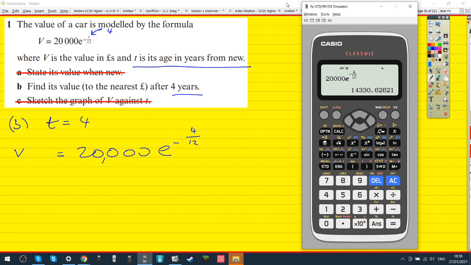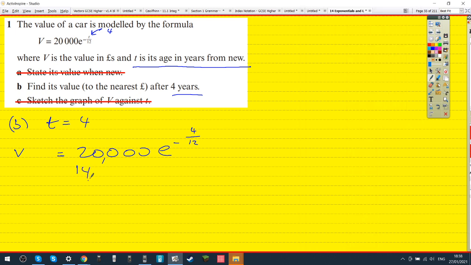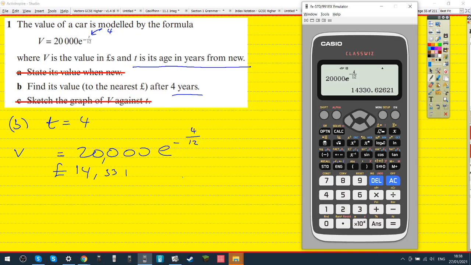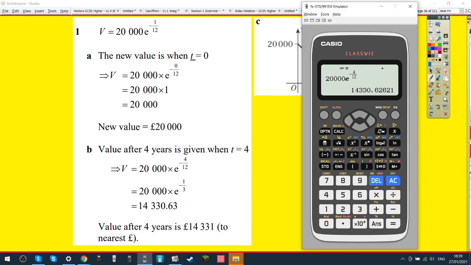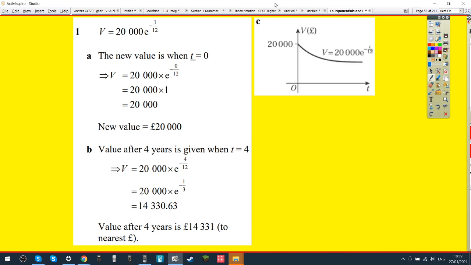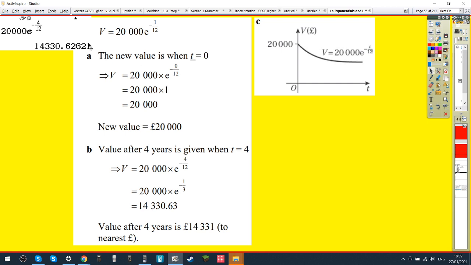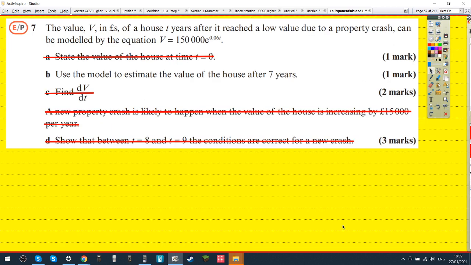Yep. 14,331. And you have the calculator to hand, do you? Yeah, it's right here. Okay, great. Let me just take a snap. 14331 down the bottom. Great. Stick that there.